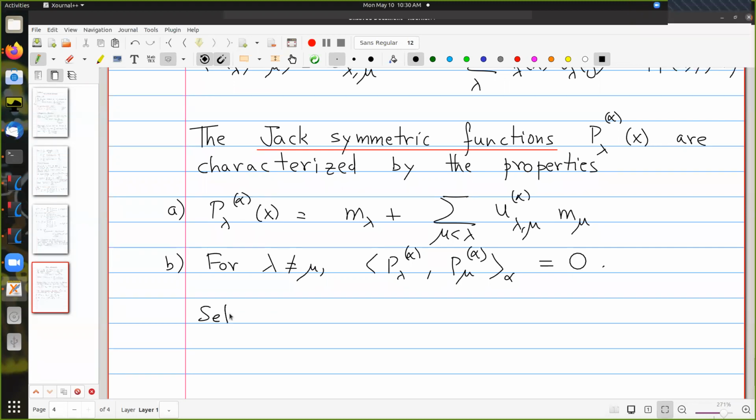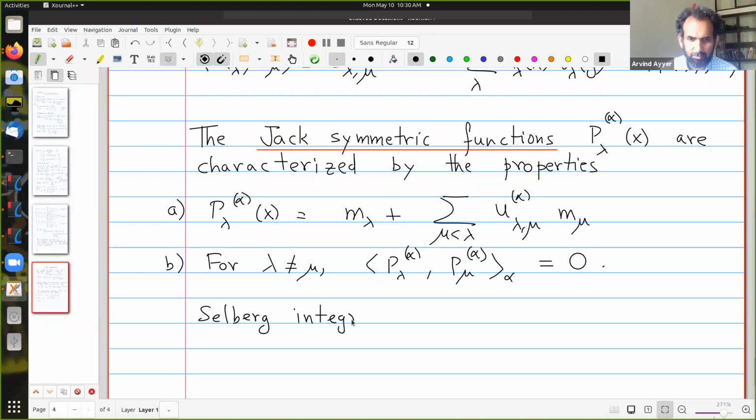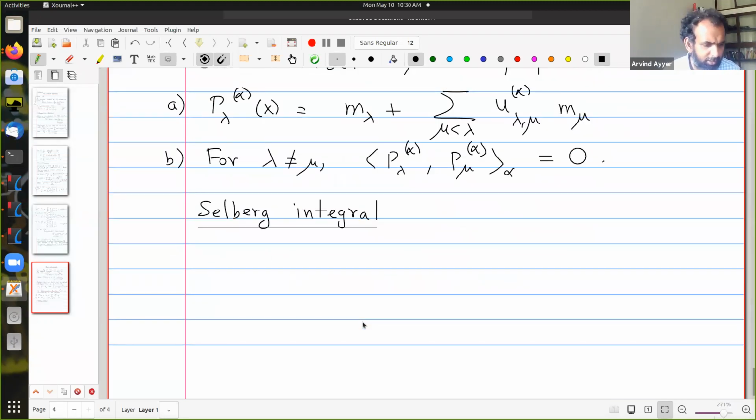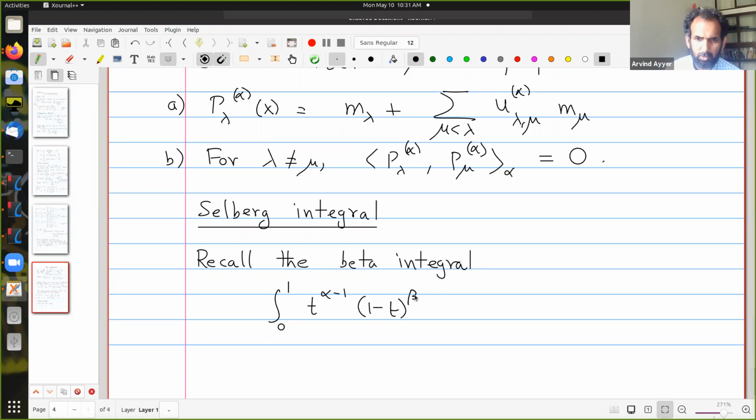Okay, so let me say a little bit about the Selberg integral. I will probably not have enough time to say everything about it. Recall the beta integral, which is the integral from 0 to 1 of t to the alpha minus 1, 1 minus t to the beta minus 1 dt.